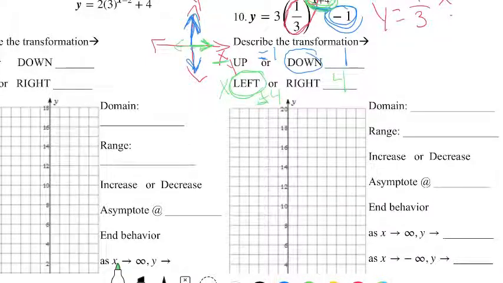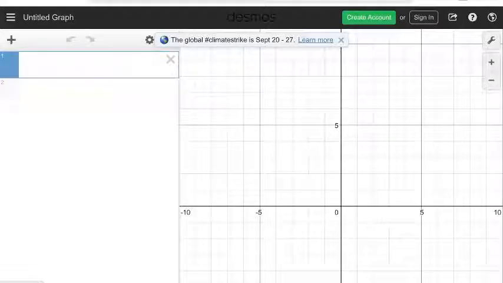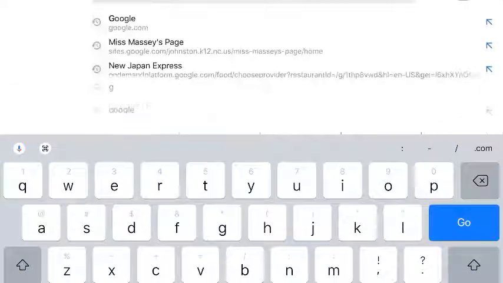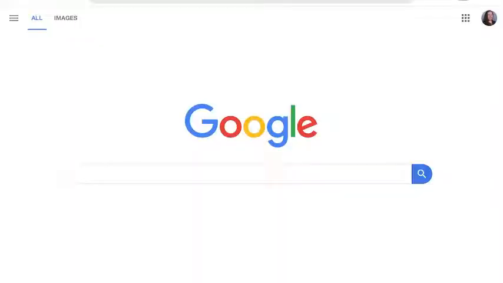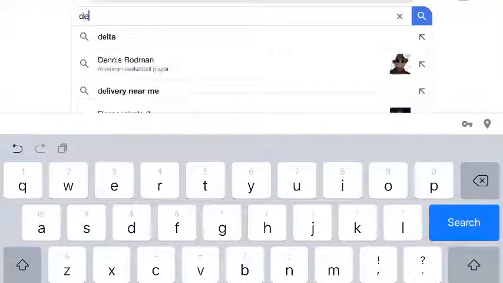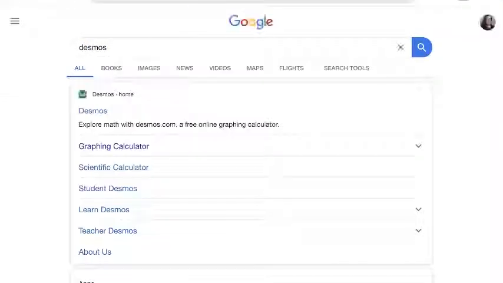Then I'm asked to graph it. So we're going to use Desmos. If you need a review of how to get to Desmos, you go to your Chrome. And if Desmos doesn't just pop up like it did for mine, you go to Google and type in Desmos, D-E-S-M-O-S, hit search.